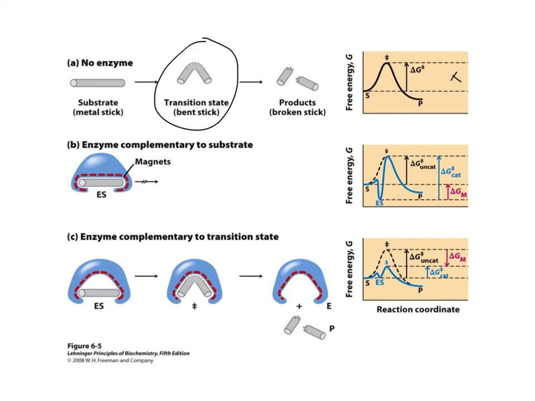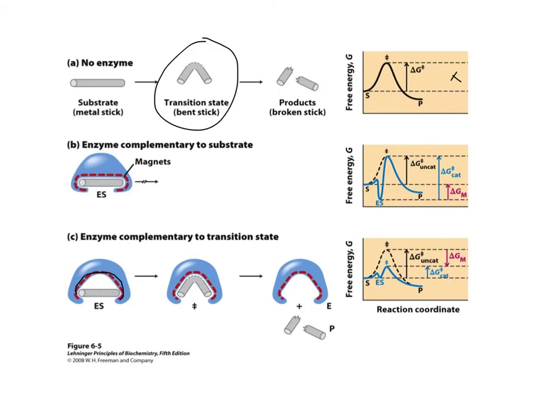Okay, so this is in the uncatalyzed situation. But we can think about a catalyst that helps this along. In this catalyst, we have a kind of magnetic lining that's going to attract the stick.